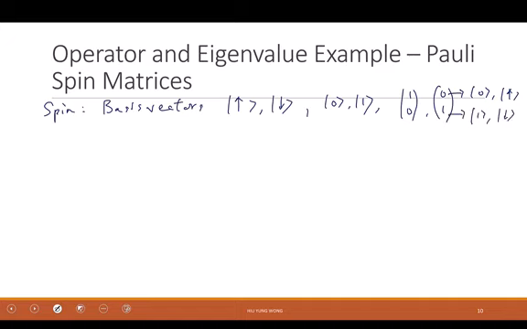Right? Of course, spin down equals spin down, right? Just like 1 spin up equals 1 spin up plus 0 spin down. Is this okay? Yeah? Okay.